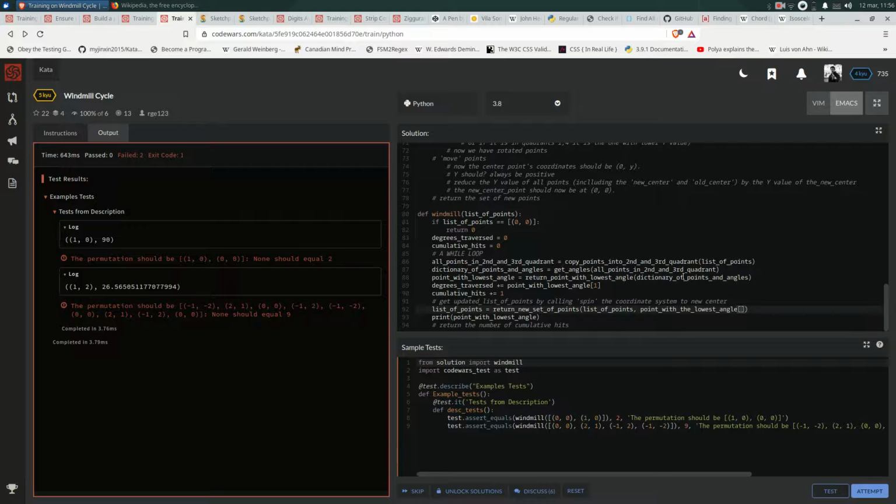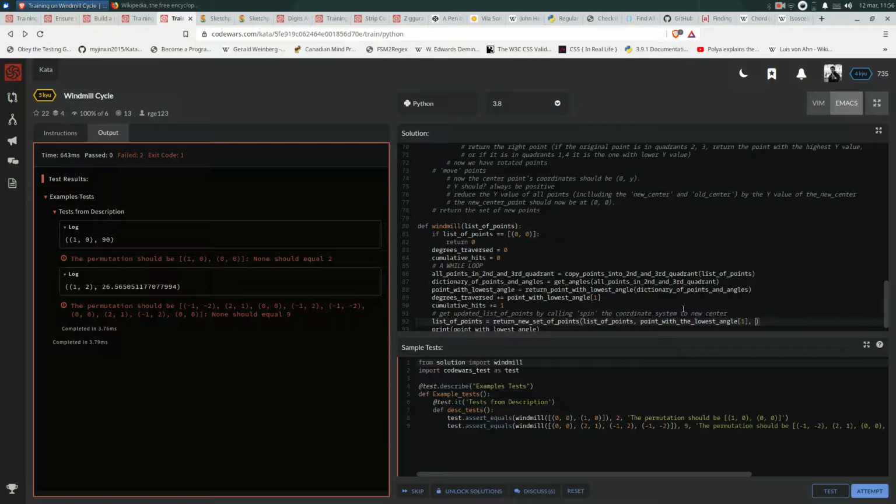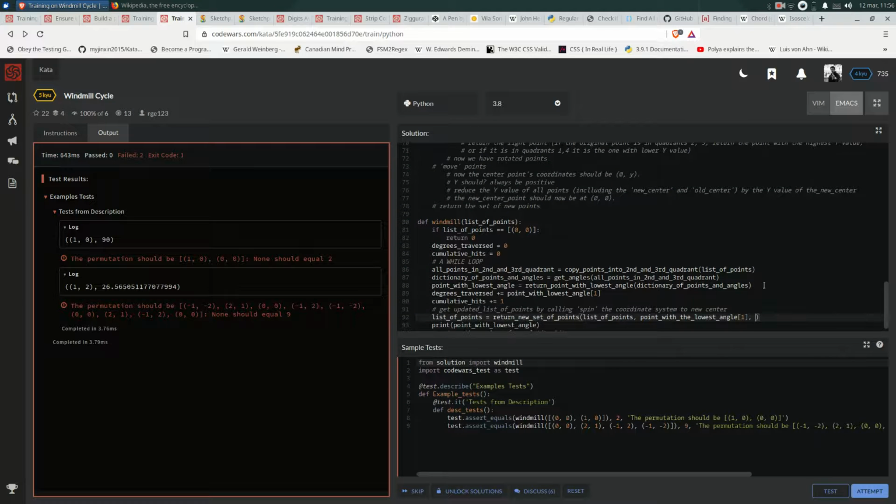That's 1, I guess. And new center point is, I guess, the point with the lowest angle, 0th thingy.